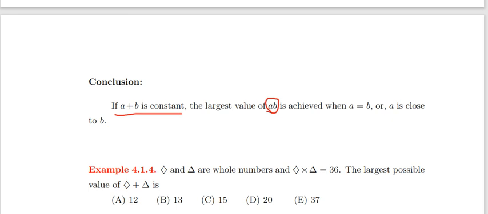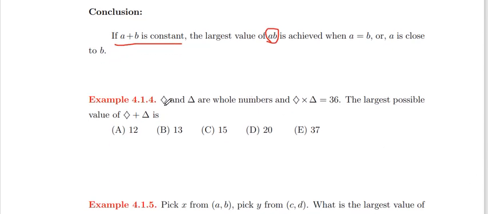Now suppose we have two whole numbers, and their product a times b is 36. What is the largest value for a plus b?